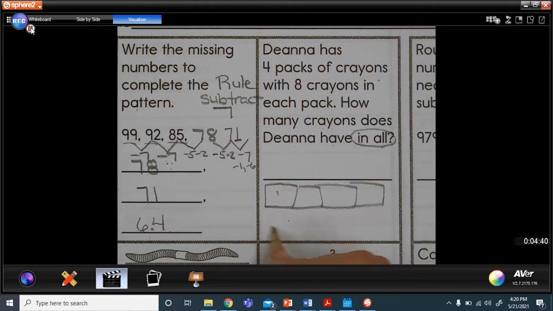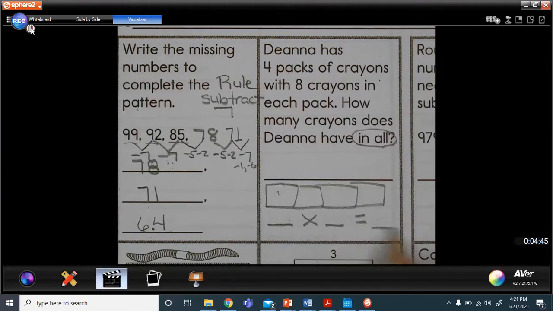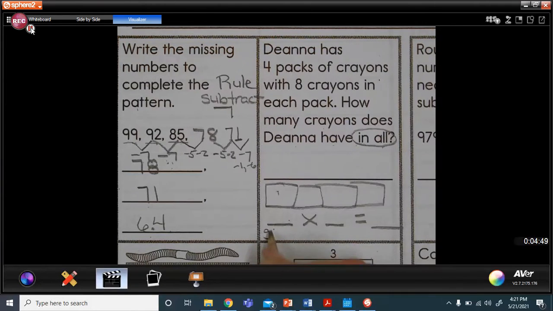So what am I going to use to find a total? Multiplication, because my first factor tells me my groups and my second factor tells me my objects in each group.